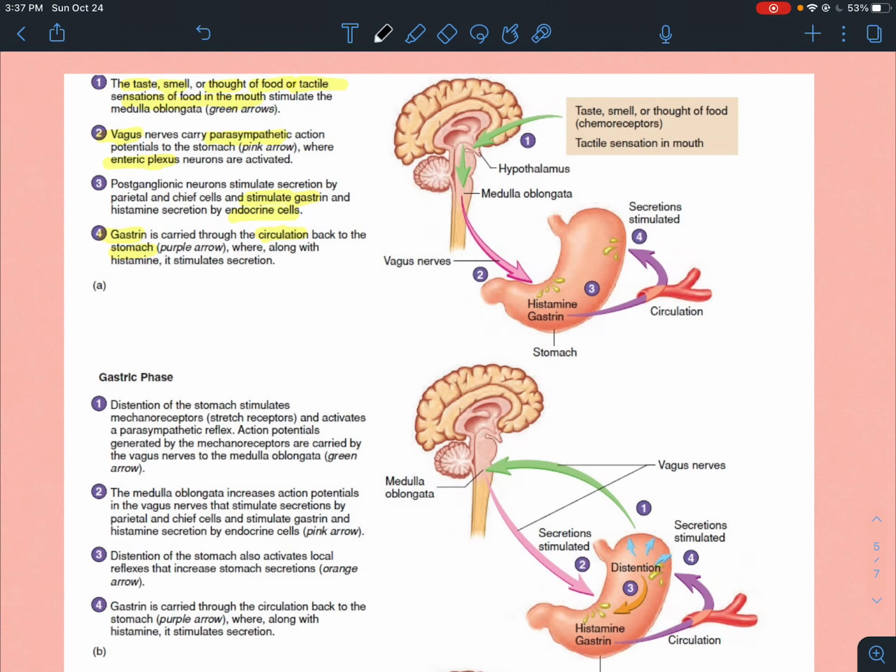They make the gastrin. The gastrin goes into circulation and feeds back onto the stomach so that the stomach can increase its motility, its mechanical digestion, in other words, as well as its gastric juice secretion for the chemical digestion portion of it.